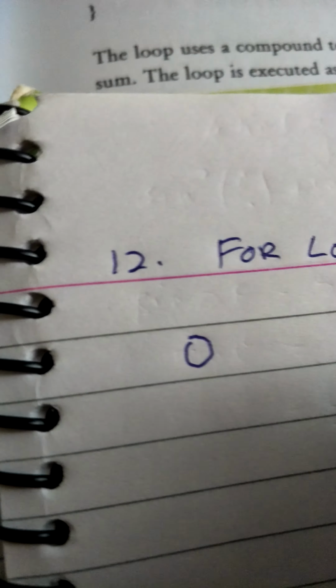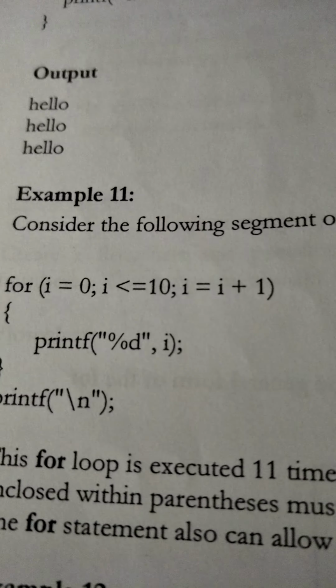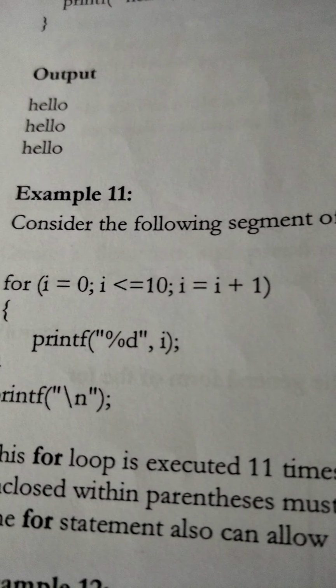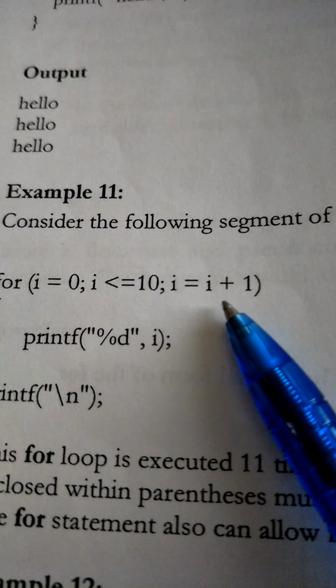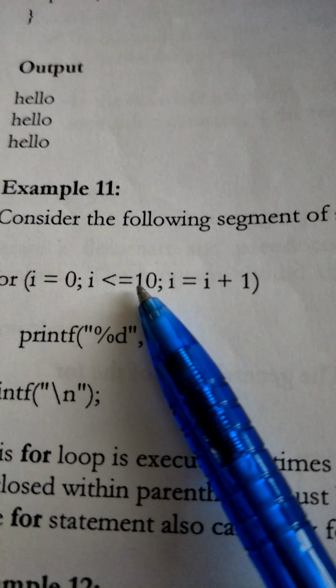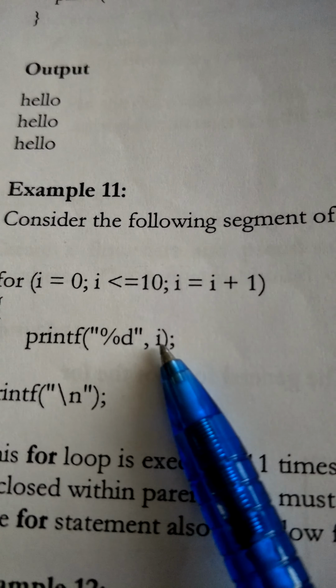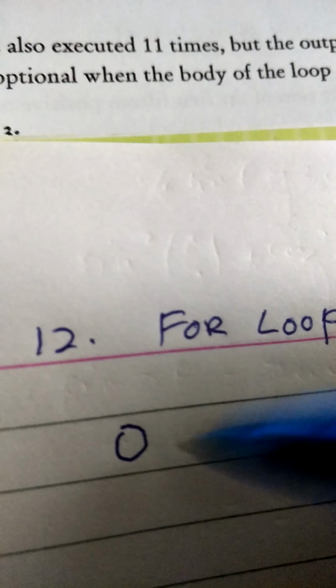Then you check the program again. Increase I: 0 plus 1 is 1. Then check 1 less than or equal to 10, true. So print that. Now I is equal to 1, so you print here.